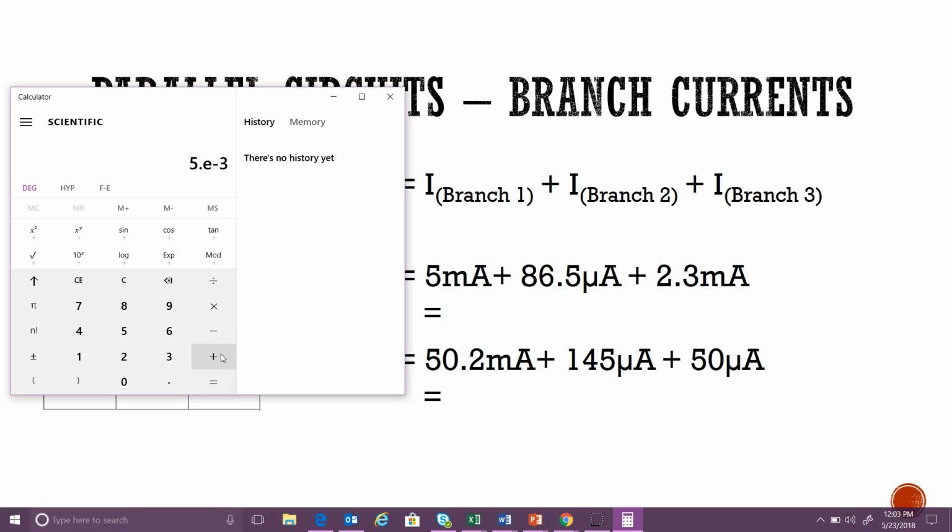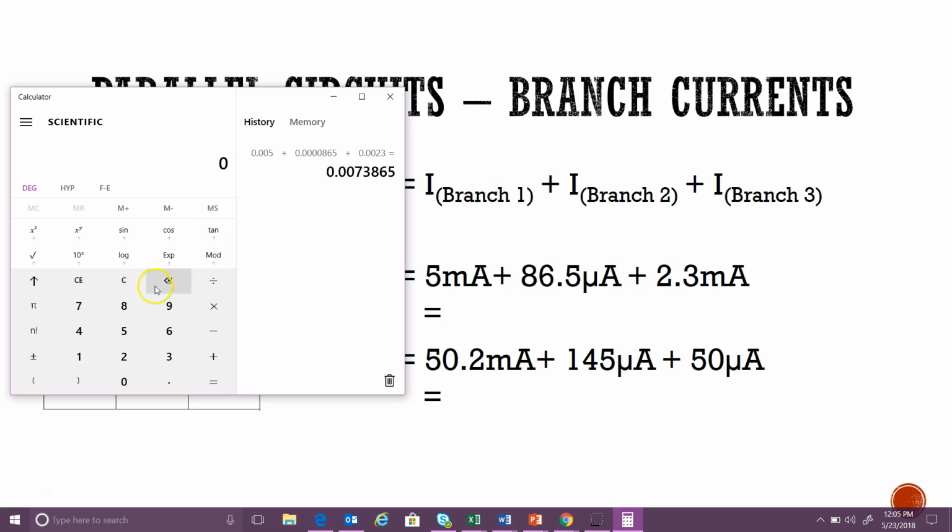There we go, 5 milli, plus 86.5 micro is negative 6, and then we have 2.3 milli, which is negative 3. And we add all of those together and we get 7.3865 milliamps. It's milli because I can move my decimal point 1, 2, 3 places and make it 7.3865 to the negative 3, which is milli.